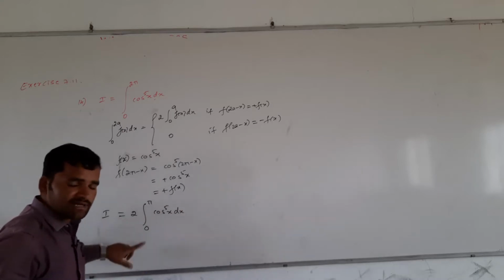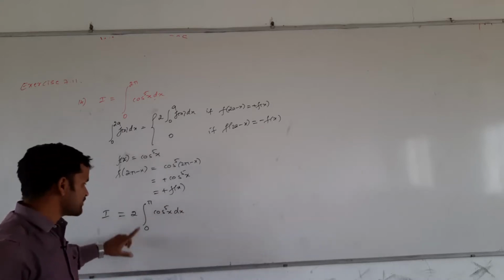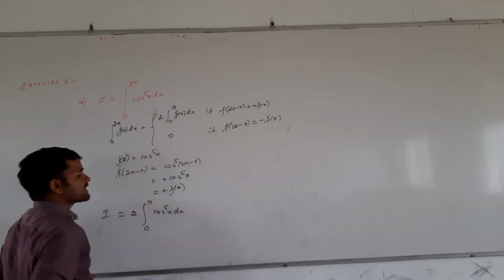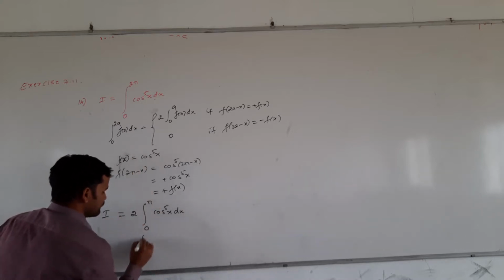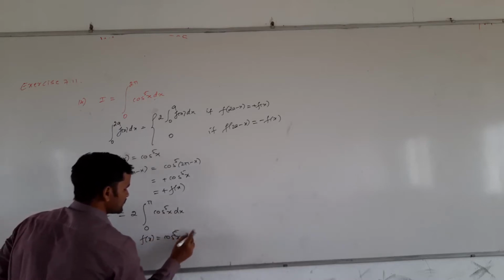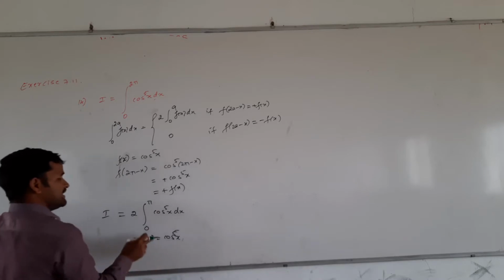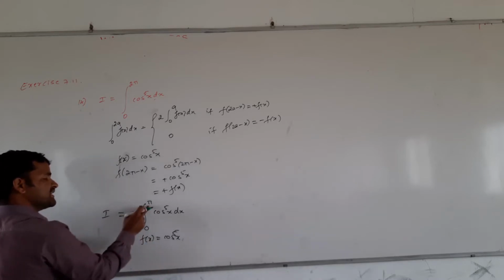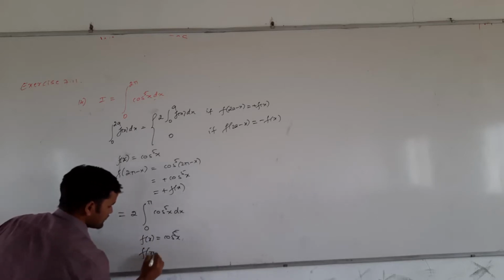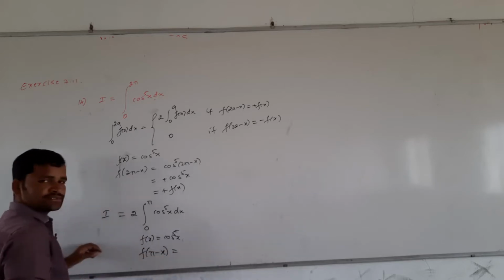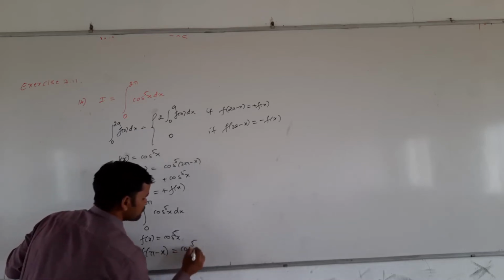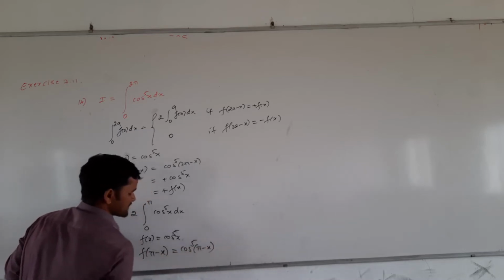Now, shall we apply the property once again? Yes, we can apply the same property once again. f of x is equal to cos raised to 5x. In place of 2a, pi is there. So f of pi minus x is equal to cos raised to 5 of pi minus x.